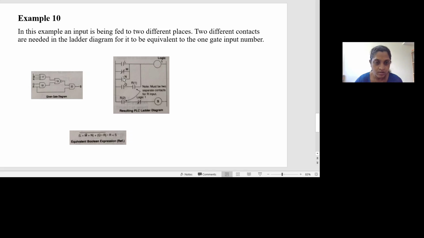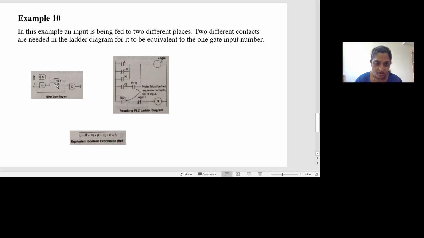And since the input M is bubbled, it is taken as normally closed contact. Then I have the AND gate 18. The inputs are Q and R. So this AND gate's inputs are replaced by contacts in series. So we have Q and R in series.